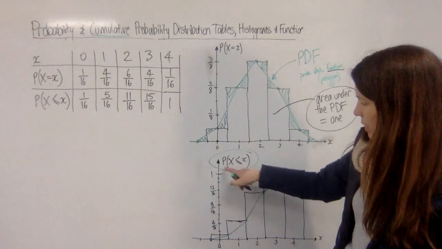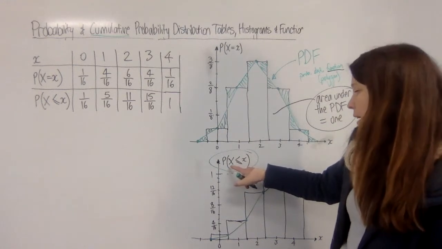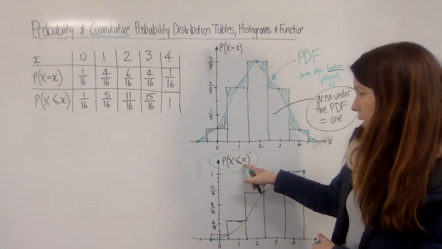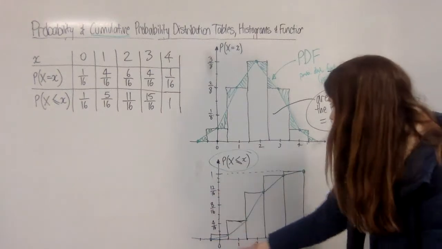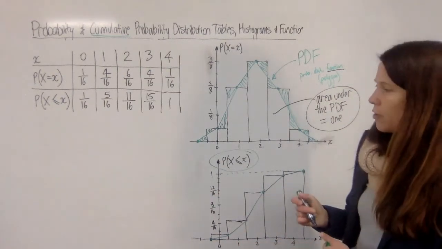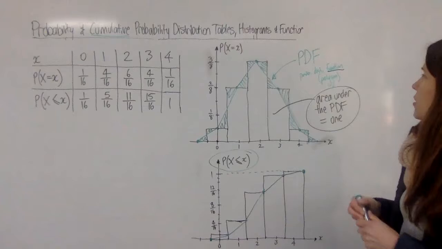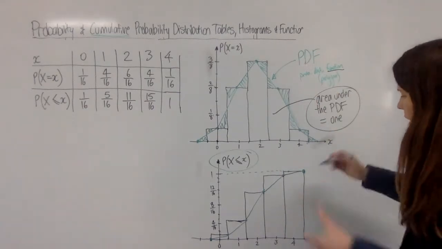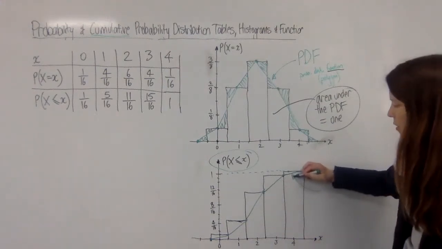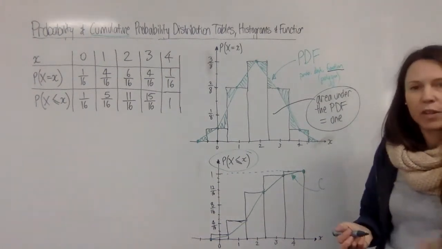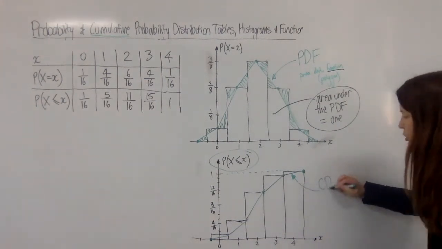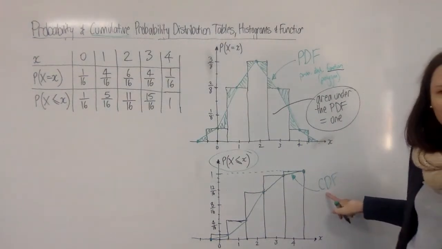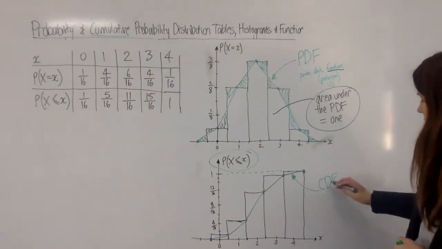And on the y-axis, we can see it's the probability of the outcome being equal to or less than any of these given values. And just as we call this one a PDF, a probability distribution function, our polygon here has a special name. We call it a cumulative probability distribution function. We don't put the P in for the probability, just a CDF.